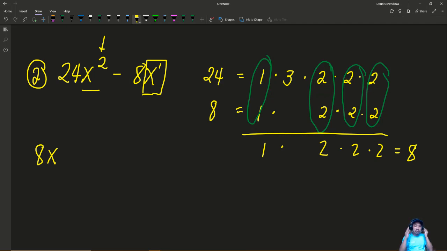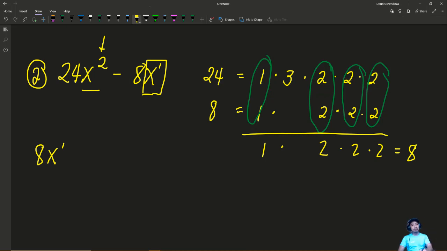Okay, sometimes you have to break the language, and you would realize that, hey, x raised to 1 is actually the least among the two. But looking at the bigger picture, it's actually the greatest among those two. Okay, but anyway, maybe that could help kung nalito lalo kayo. So just forget about it. Basta piliin nyo yung least among those, among the terms. Okay, so the greatest common factor then is 8x raised to 1.